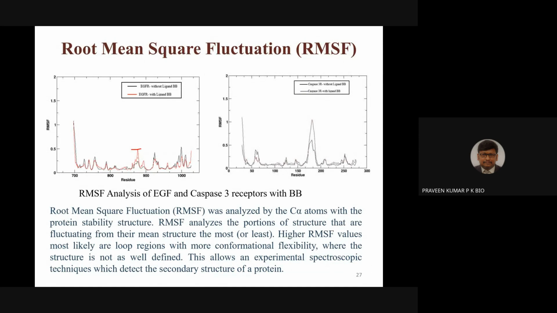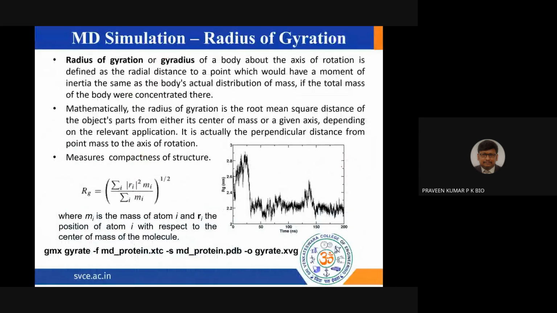Whatever is shown in red color is binding with ligand, isn't it? In these amino acid residues, nearly 850 to 860, you find some C alpha fluctuation. Similarly, here also nearly 170 to 190 for caspase 3. Here you have fluctuation, but the remaining are somewhat negligible.